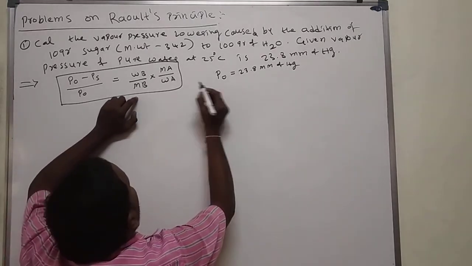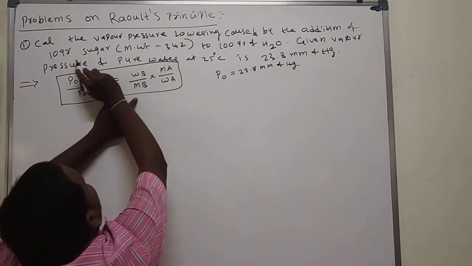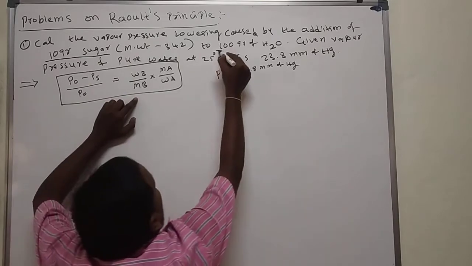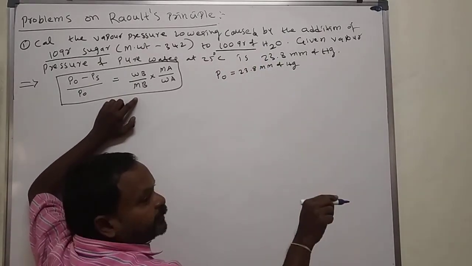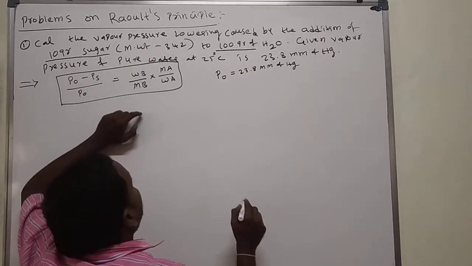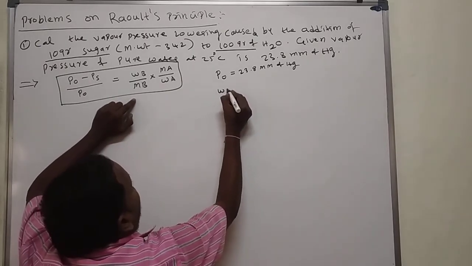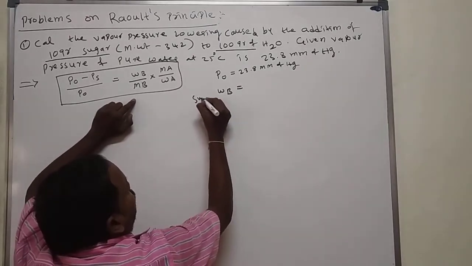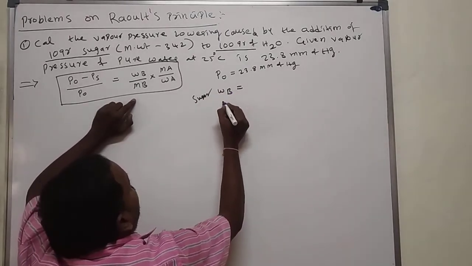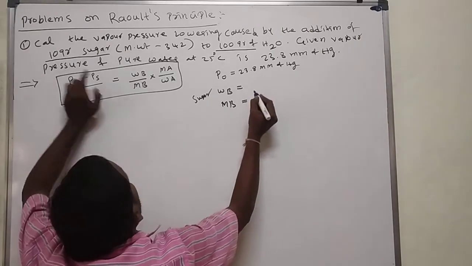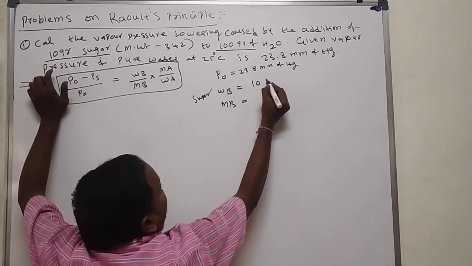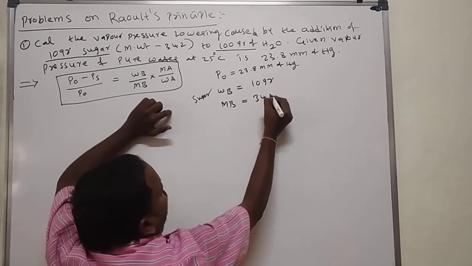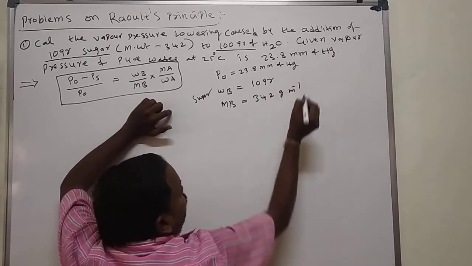Next, solute and solvent. You identify the solute and solvent. 10 grams of sugar, 100 grams of water. Water is solvent here, sugar is solute. WB is weight of sugar, 10 grams. MB, molecular weight of sugar, 342 grams per mole.